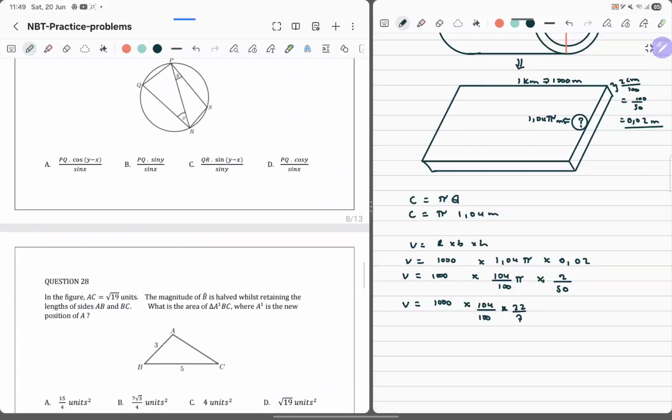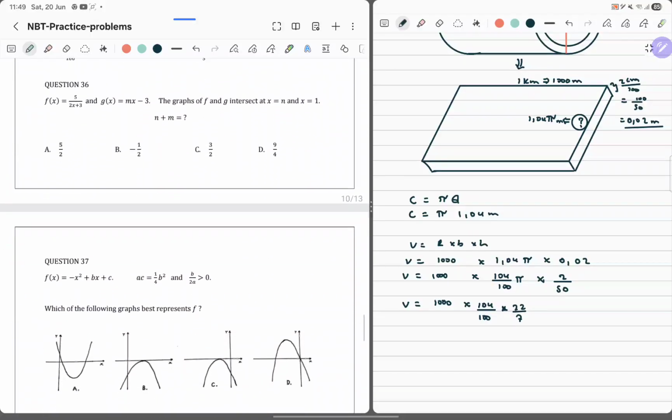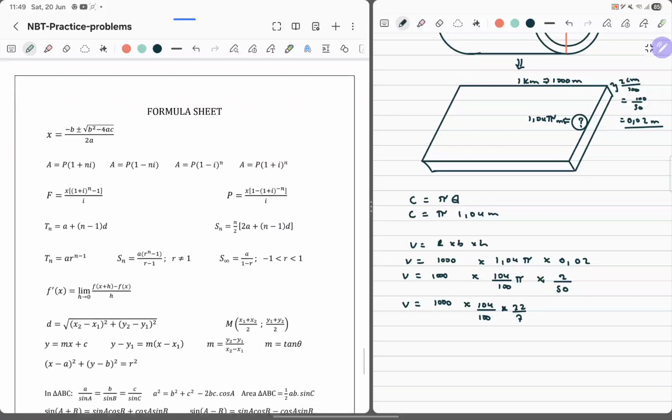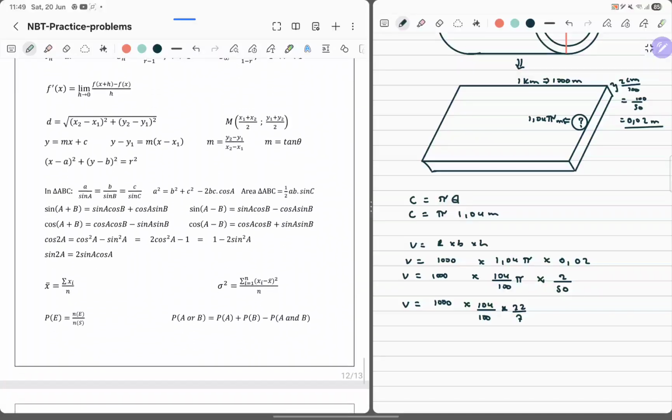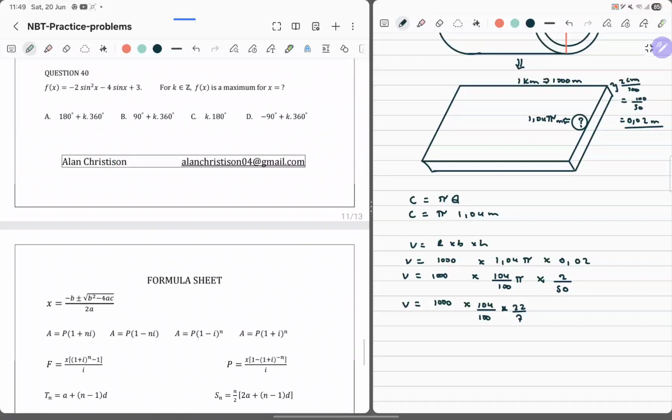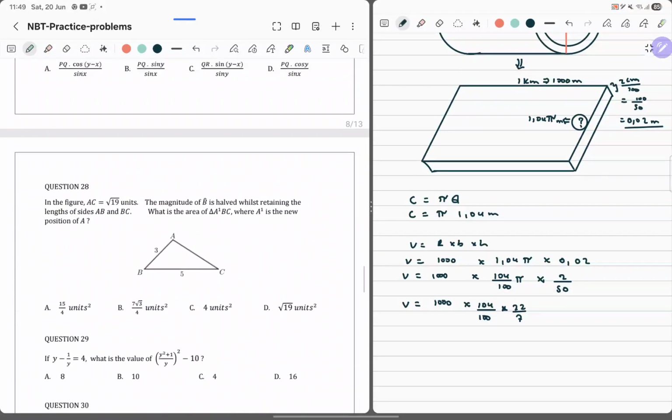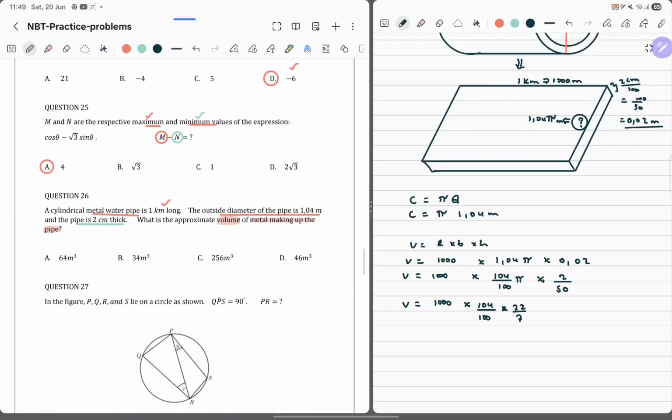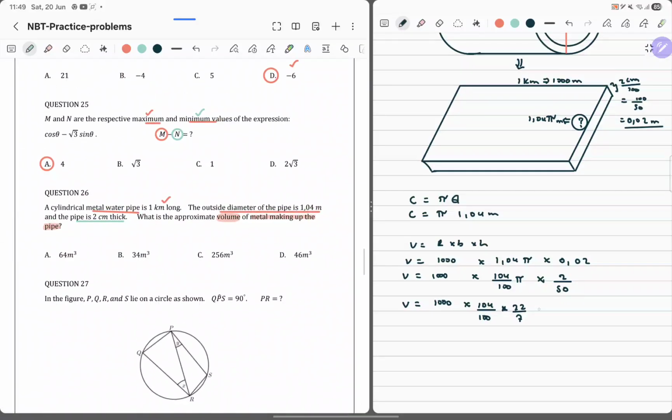But sometimes you can check on the information sheet if anything like it is given. If not, you need to know it from grade 9. It's not given. So from grade 9, we know that pi is 22/7, right? Although it's a non-terminating decimal, when we make it, it's like this, so 2/50.